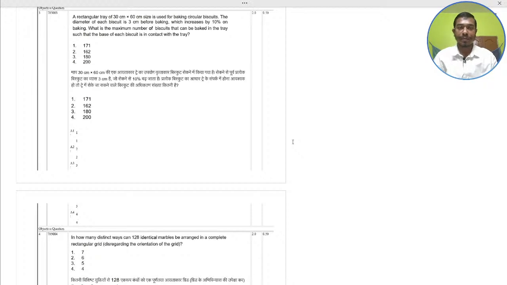What is the maximum number of biscuits that can be baked in the tray such that the base of each biscuit is in contact with the tray? Okay, try yourself first.